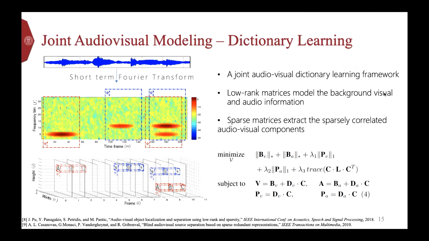So in the formula, the first two components perform the nuclear norm for the low rank constraint, and the green rectangle aims to learn a sparse matrix for modeling the correlation between the visual and audio.